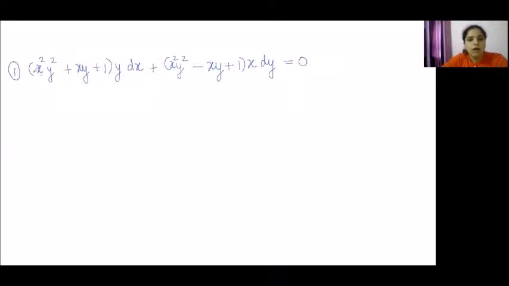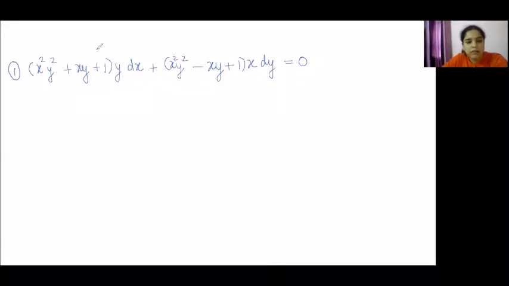Now, it is of the form m dx plus n dy equal to 0, but when you check the condition of exactness, it will not be satisfied, meaning this given differential equation is not exact. Now, the question is, is it possible to reduce it to exact form? For that, we have to check which of those 5 rules which we have discussed is applicable to this differential equation.